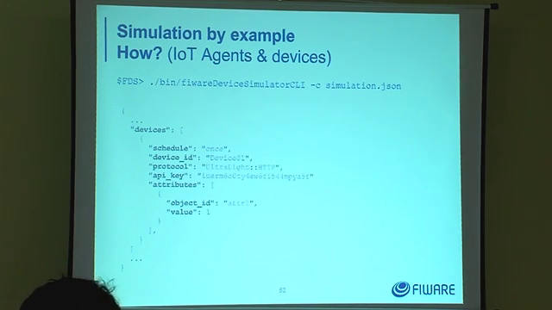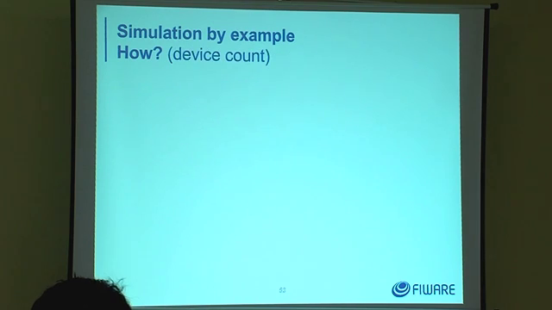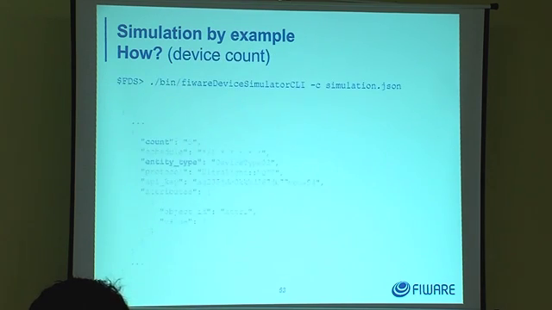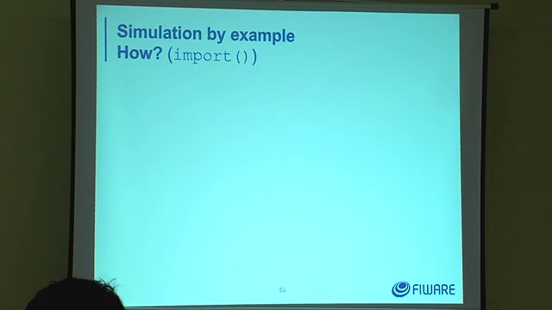But as I said, the simulator will be doing all the magic in the background for you once you specify the information properly. Once again, you can also use this count property to simulate many devices. In this case, we are generating 5 devices of device type 03. The simulator will do it for you.